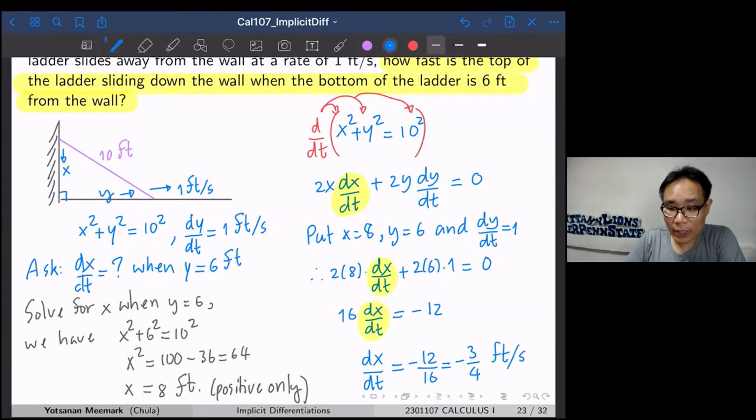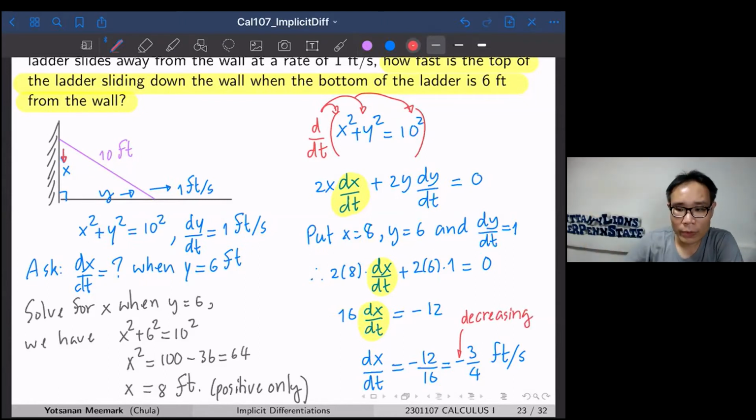Why do we have the negative sign? We do have the negative sign because the direction is coming down. The height turns out to be decreasing, because the top of the ladder is coming down.